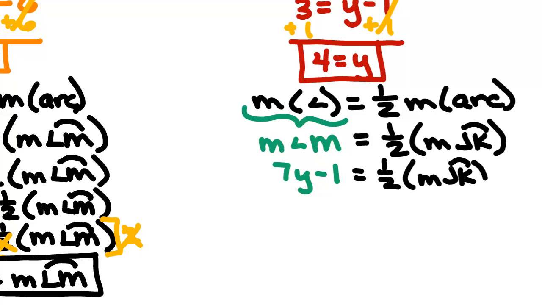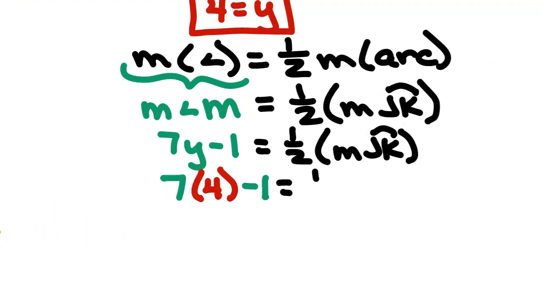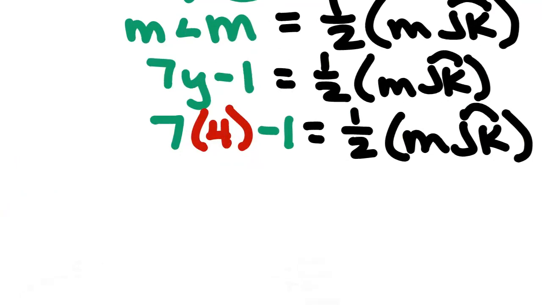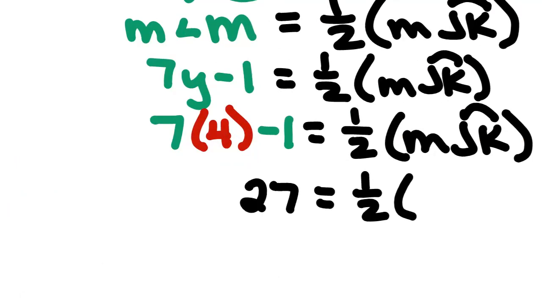And we just found out that y is how big? 4. So I have 7 times 4 minus 1 equals half of arc JK. What is 7 times 4? 28 minus 1. So I have 27 equals half of arc JK.